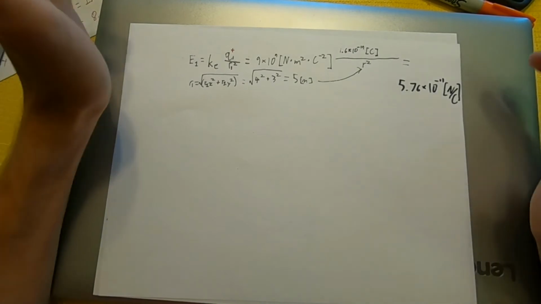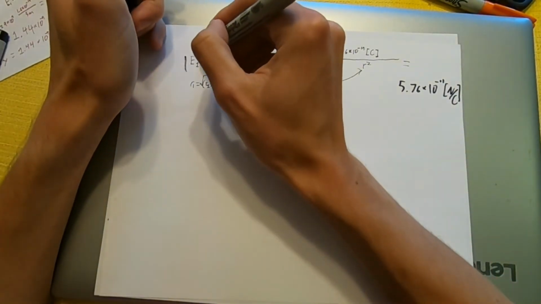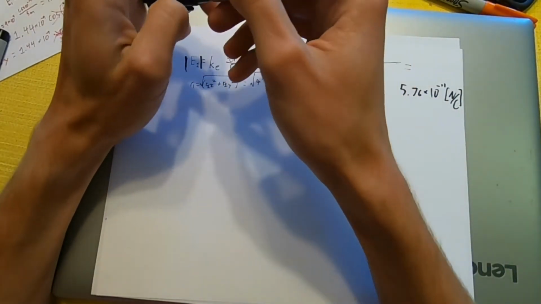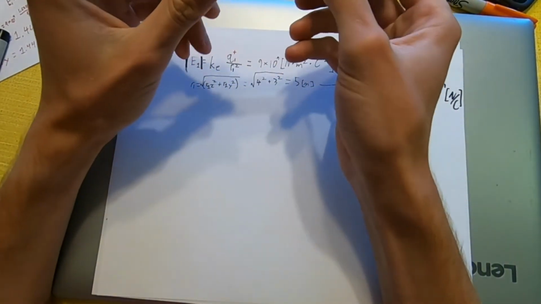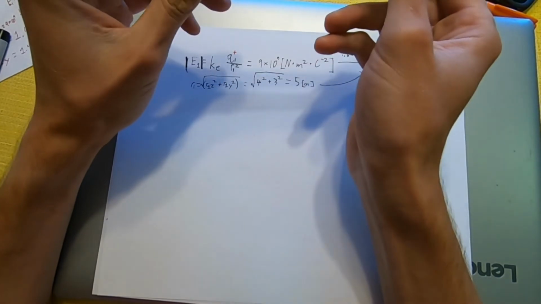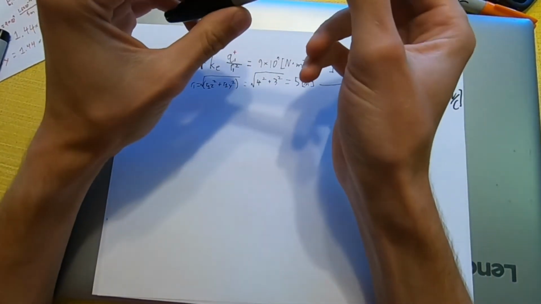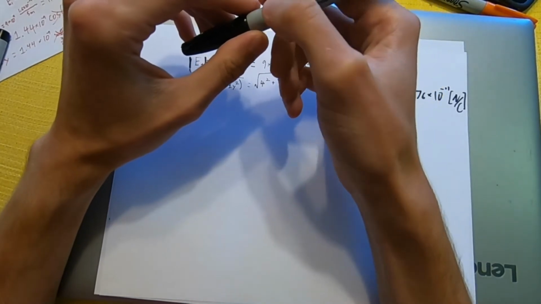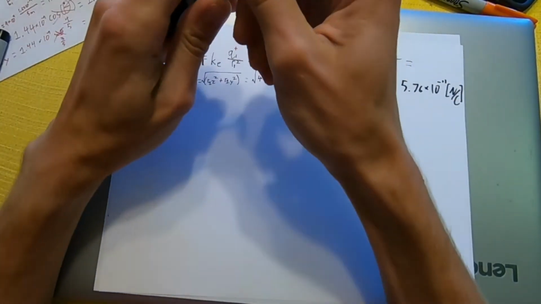Okay, and that's just the magnitude, right? So we don't know the direction of this yet. But we can figure that out. But before we do that, we're going to break this down into our x and y components.